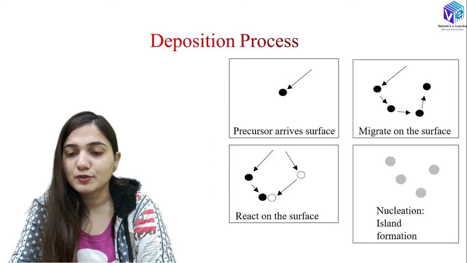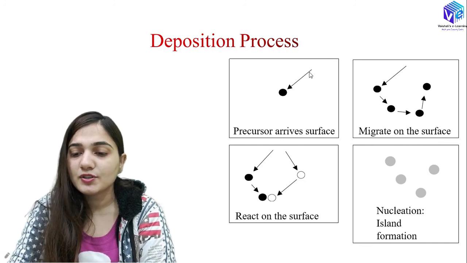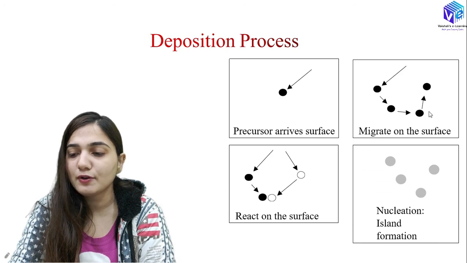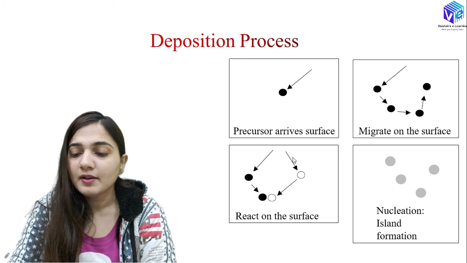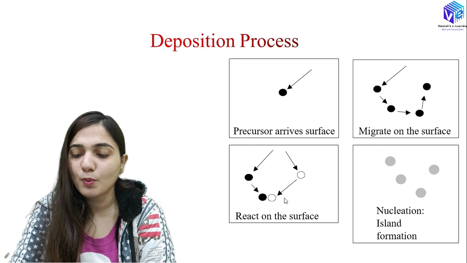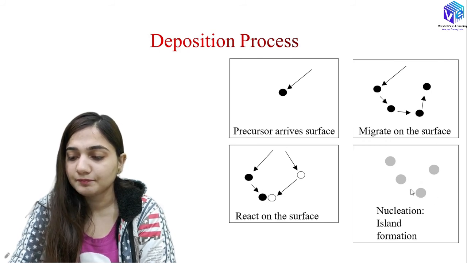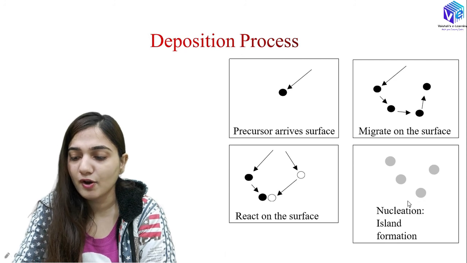I hope you understood this process. So this is how the deposition process will look. This is how the precursors arrive at the surface. They are migrating on the surface, moving over the surface, and then we have some other precursors as well. They can react over the surface, and this is how they can form the nucleation or the island formation.